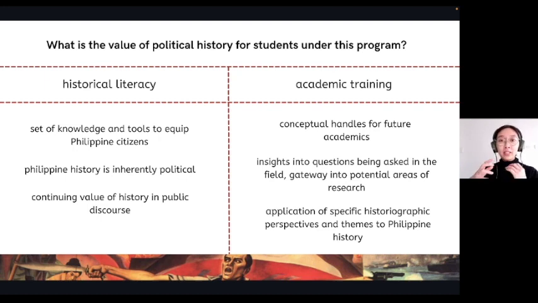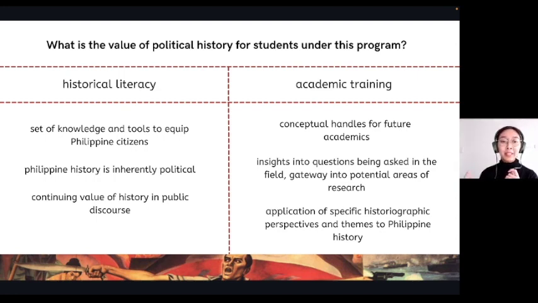We find that political history has a very distinct set of contributions for our historical literacy as well as our academic training. So let's look at historical literacy first. Here are the assumptions. There's actually a set of knowledge and tools to equip Philippine citizens so we can make smarter choices when there are historical claims being presented to us, right?